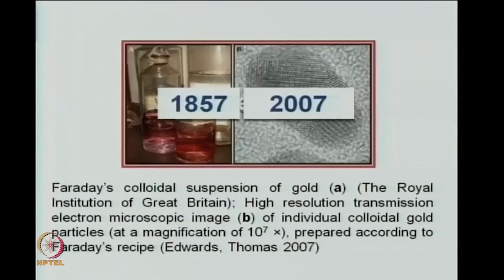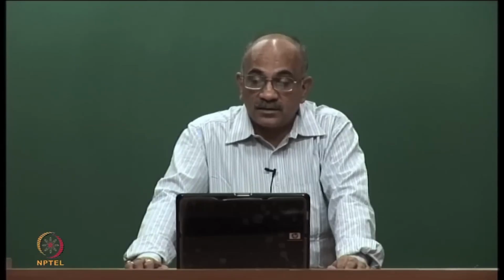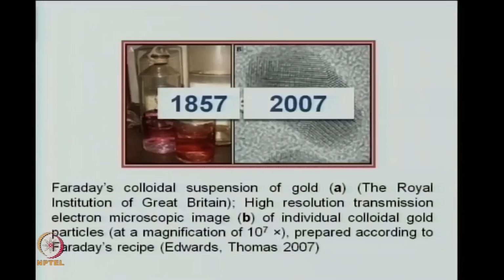This is a transmission electron microscope picture of gold nanoparticles, from which you can see the size of the particle, and also you can prove that it is a gold particle by measuring the distances between the atoms or the lines which are formed by the atoms in real space.